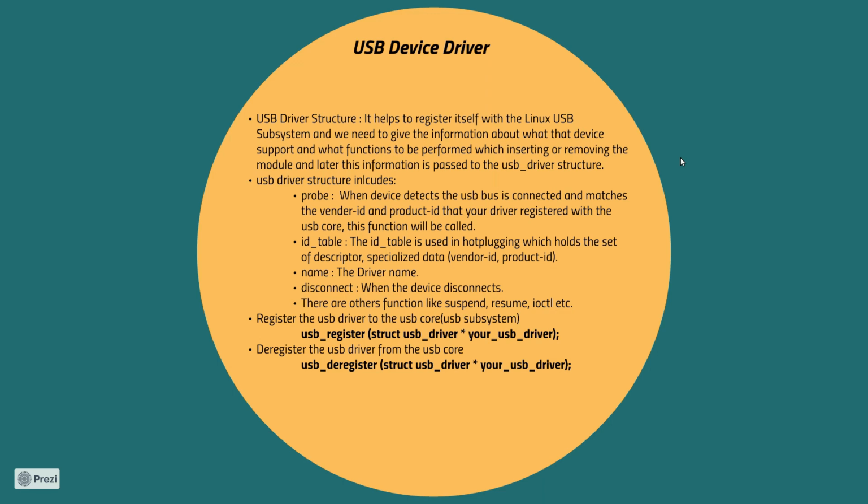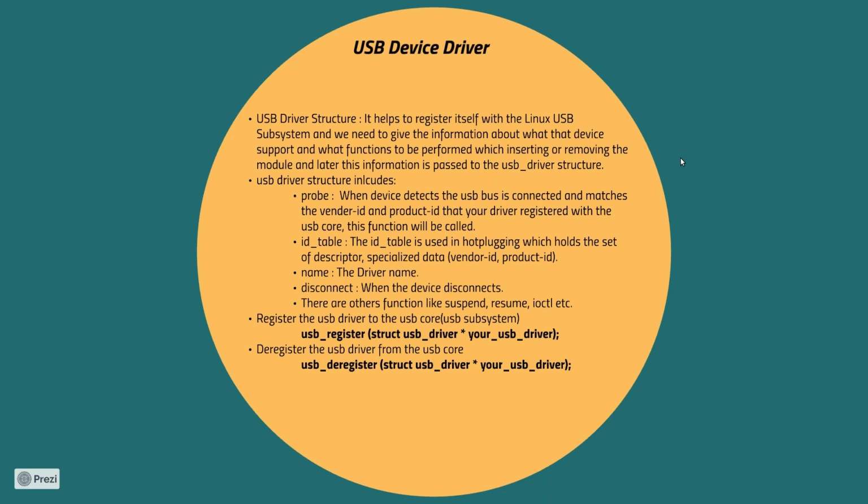We will use the USB_DEVICE macro and pass the product ID and vendor ID to that ID table structure. There is a name also, so we need to give the USB driver name. And disconnect is used when the device is disconnected.